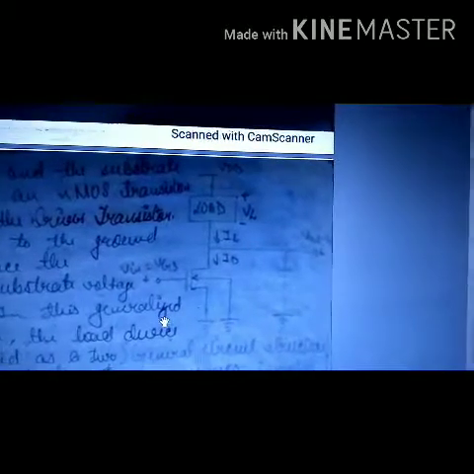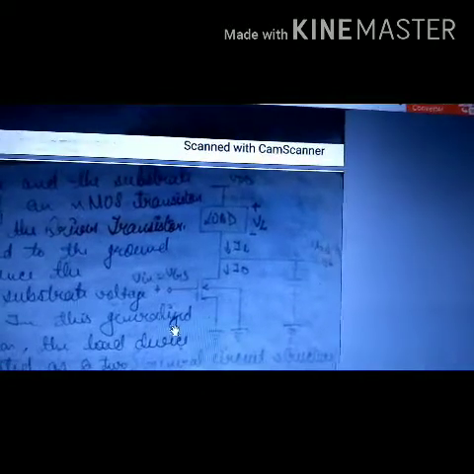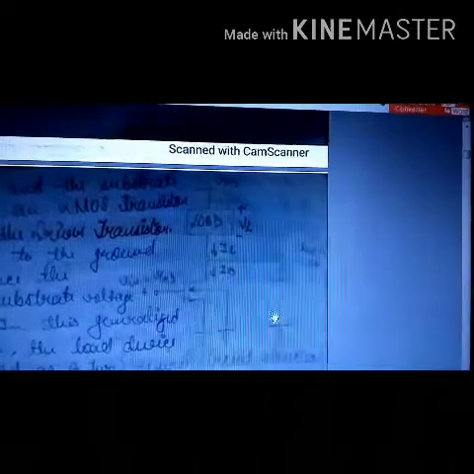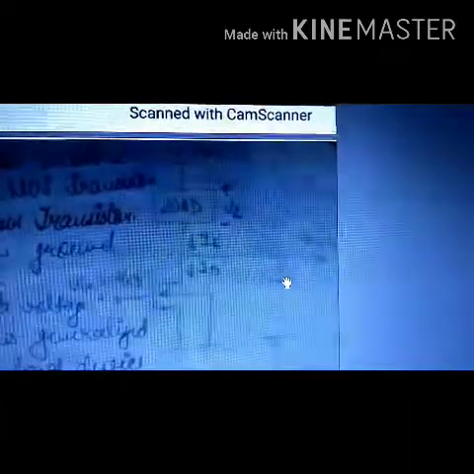Therefore Vin is equal to VGS, while the output voltage of the circuit is equal to the drain to source voltage. The output is connected between the drain and source terminals, so the output voltage Vout is equal to VDS.